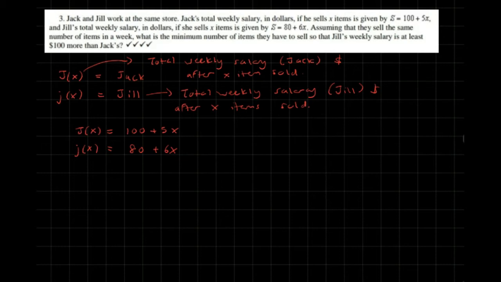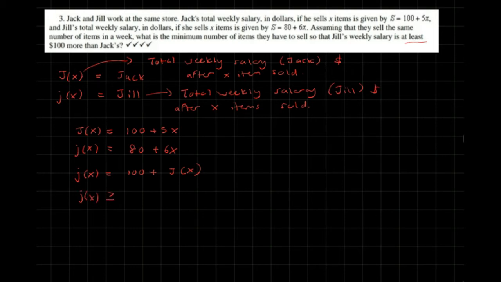So if you're looking at Jill's salary being at least 100 more than Jack, you're doing 100 plus Jack's salary, right? Because it says at least $100 more than Jack, we should express this as an inequality.